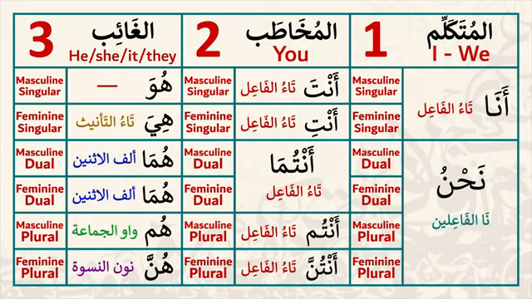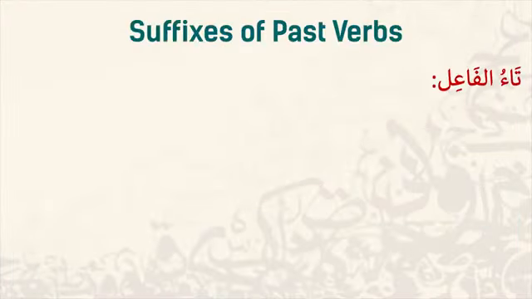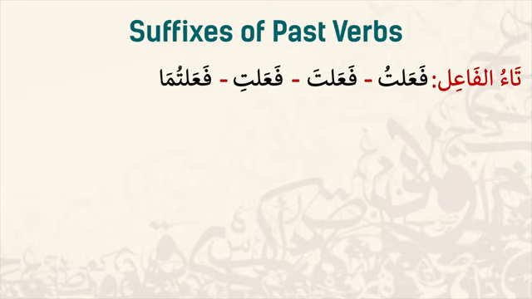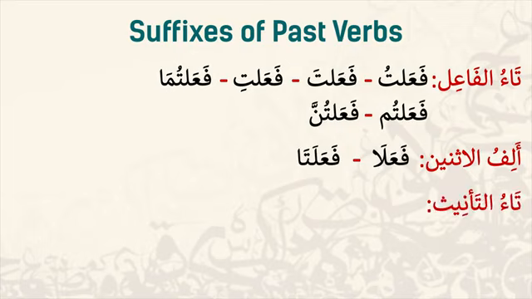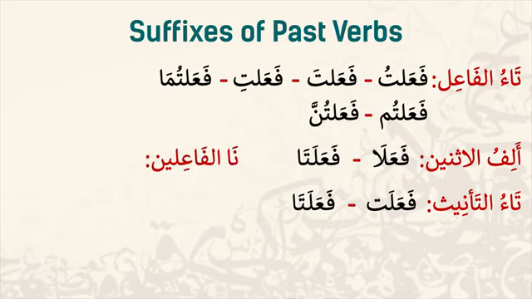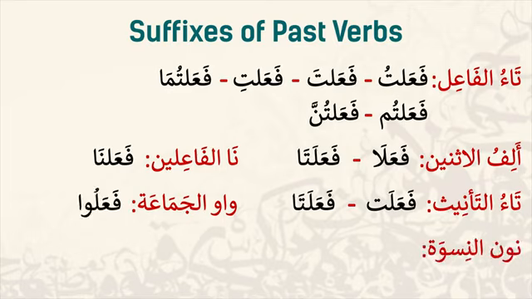Let's try a different way in representation by listing all suffixes and giving each one its conjugations. تاء الفاعل has فعلت, فعلتا, فعلتي, فعلتما, فعلتم and فعلتن. ألف الاثنين فعلا and فعلتا. تاء التأنيث فعلت, فعلتا. نا الفاعلين فعلنا. واو الجماعة فعلوا and نون النسوة فعلنا.